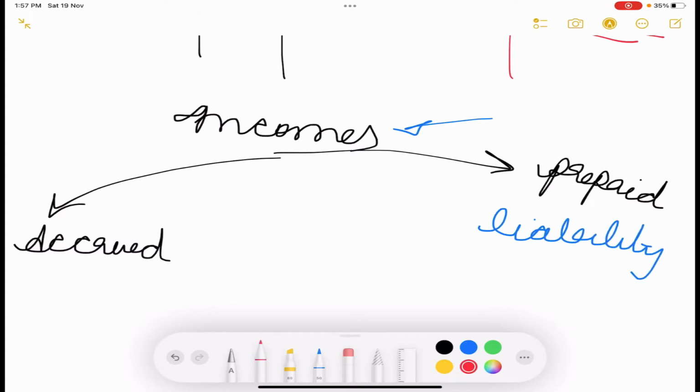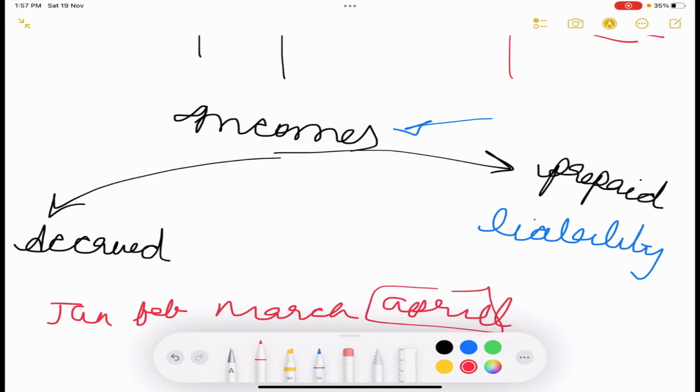The same way, let's talk about accrued income. I took tuitions for you. I took tuitions this whole year. Okay, let's say I took tuitions in Jan, Feb, March for you. It's April, but you haven't yet paid me the fees of Jan, Feb, March. I have already given you the services for Jan, Feb, March, but you haven't paid me yet.